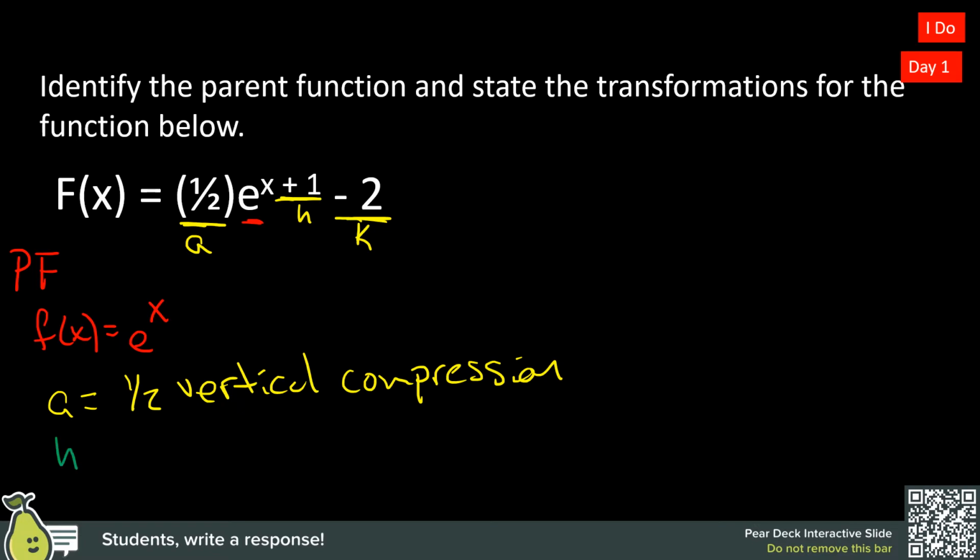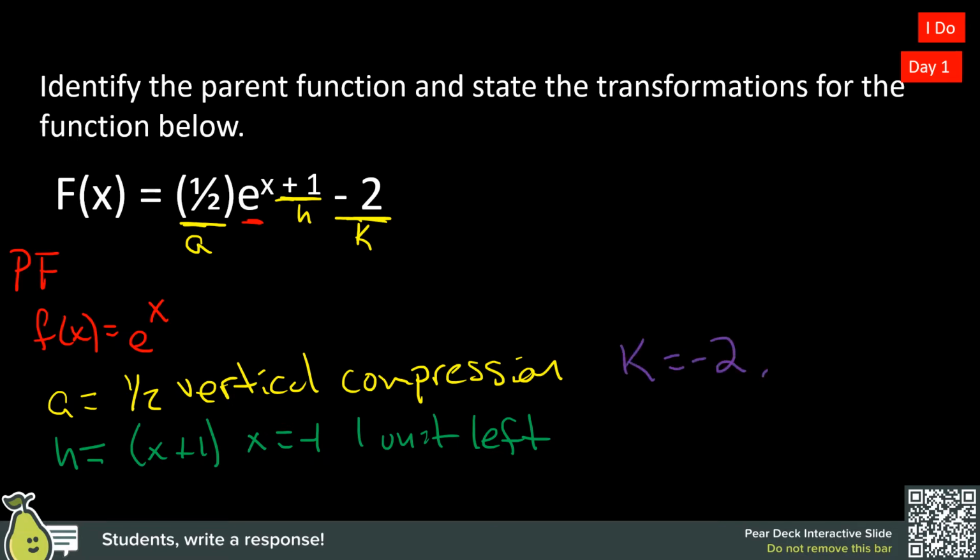My h here is this x plus 1. And so it's really meaning that x equals -1, which is going to be 1 unit left. And my last value, my k here, is a -2, so that's going to be 2 units down.